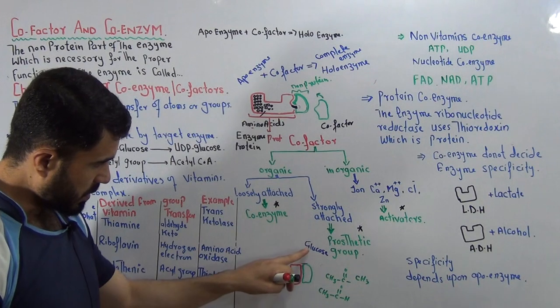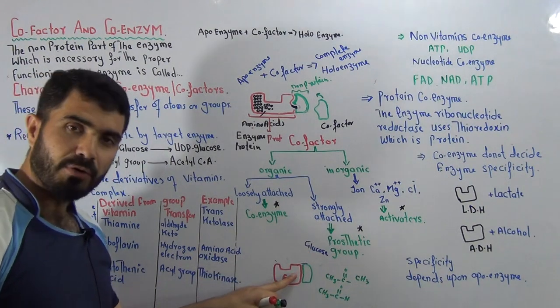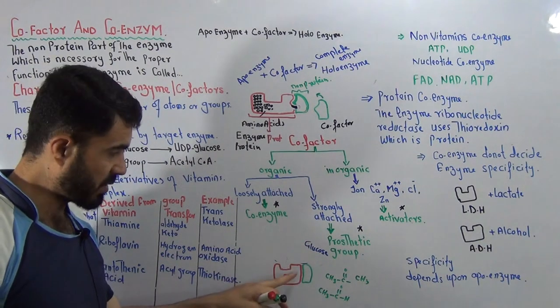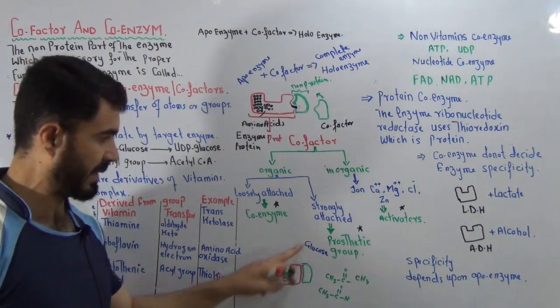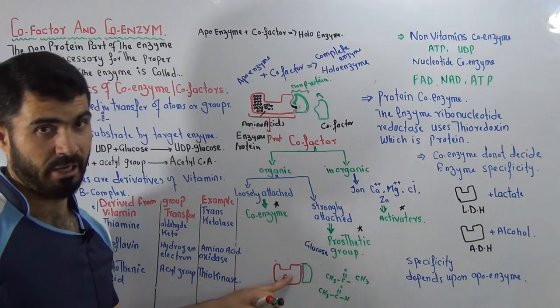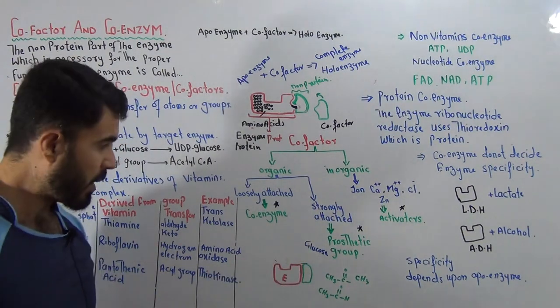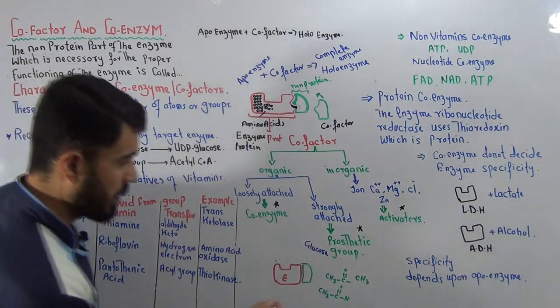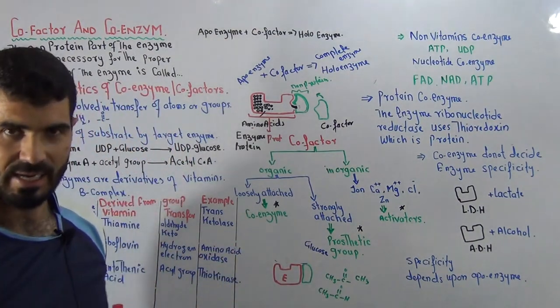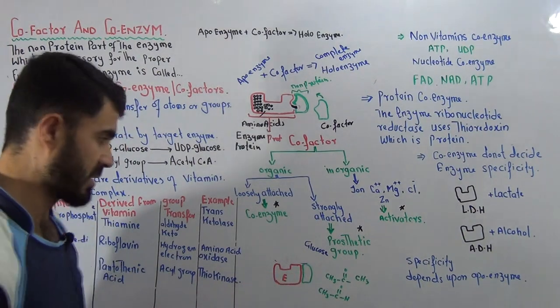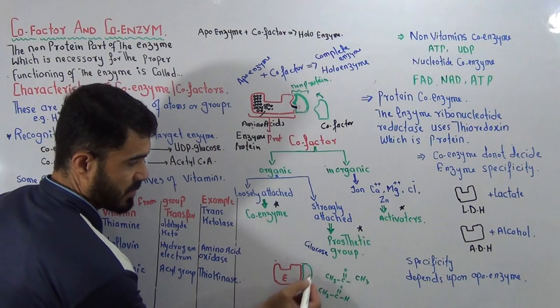The glucose is the substrate for this enzyme, but this enzyme cannot attach glucose with it because the enzyme cannot recognize that this is my substrate. Enzymes don't have eyes to see that this is my substrate. So who will help? The cofactor which is attached will help the enzyme to recognize its substrate by attaching the substrate with itself.